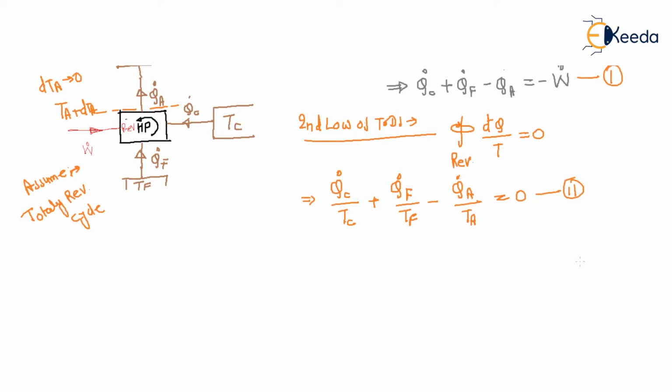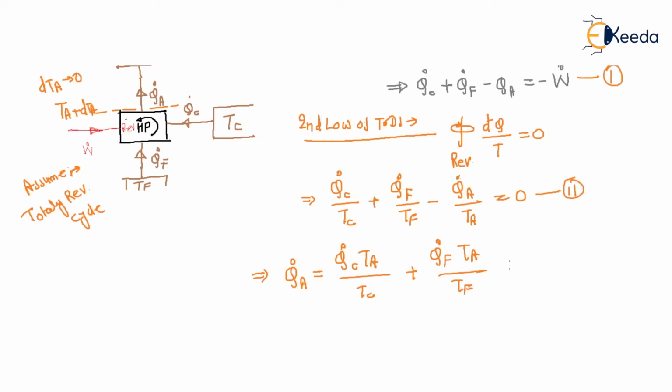From here we can easily find Q dot A. Q dot A is Q dot C times TA divided by TC, plus Q dot F times TA by TF, right?